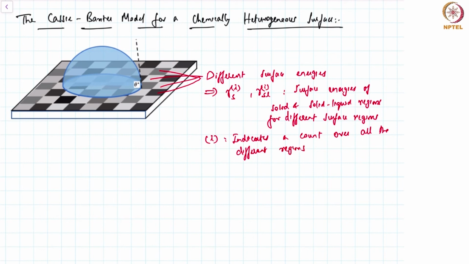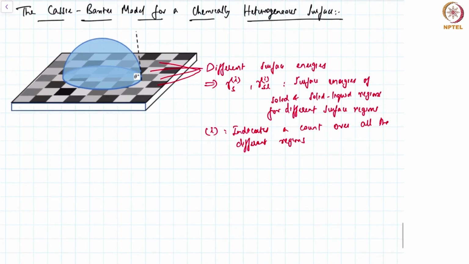I could have the droplet being described by n such regions on the surface, and to get the total surface energy, we have to sum over all these regions, taking into account that these different regions have different surface energies.